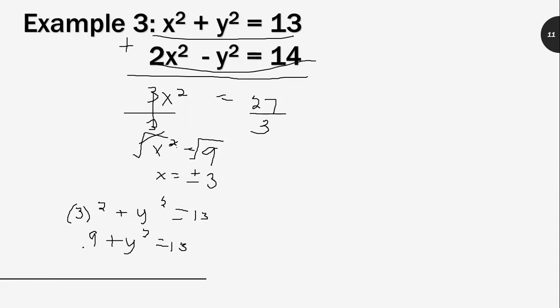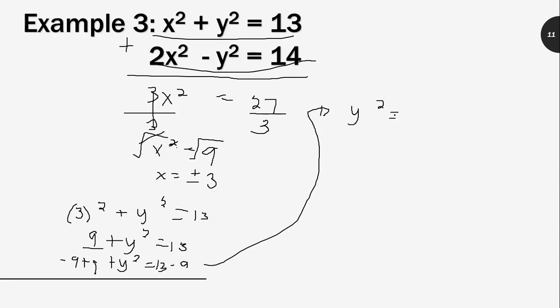Combine like terms, so we have to eliminate the positive 9 by adding negative 9 on both sides. 13 minus 9. 0. So, ang matitira po is y squared is equals to 13 minus 9.